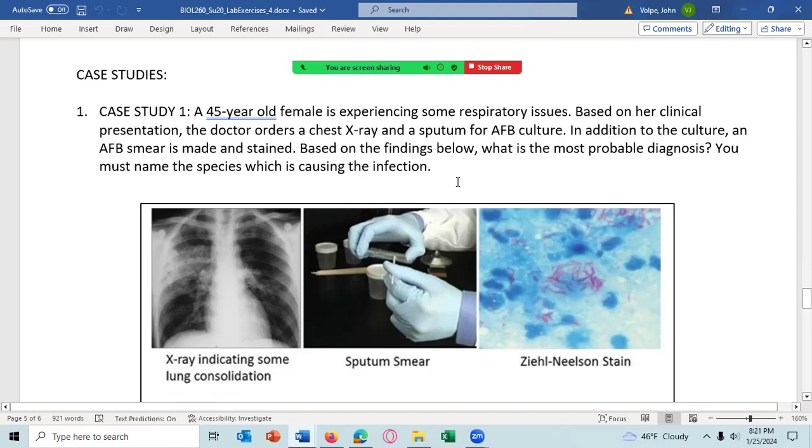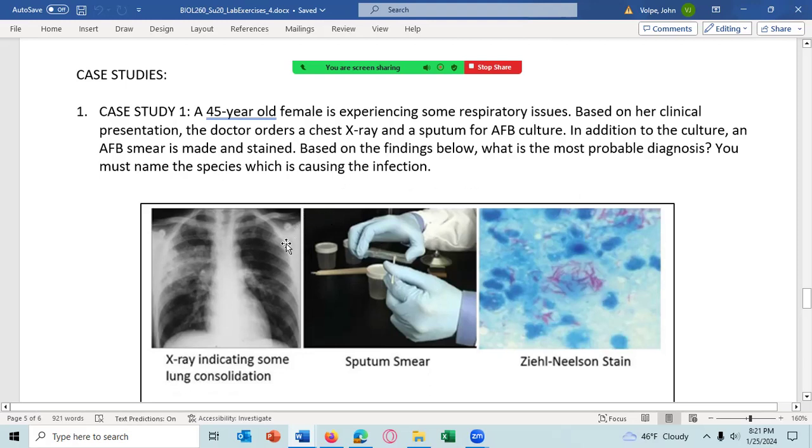In addition to the culture, the acid-fast bacteria smear is made to check for acid-fast bacteria, meaning acid-fast positive bacteria. Based on the findings seen below, what is the most probable diagnosis? And you must name the species which is causing the infection.